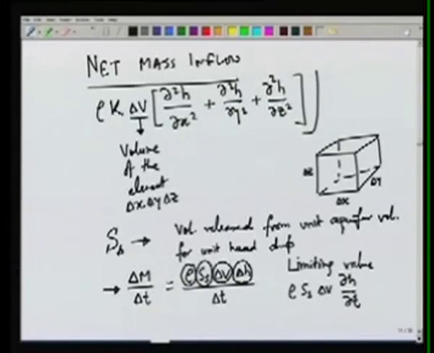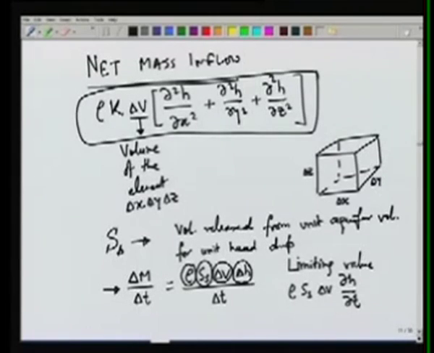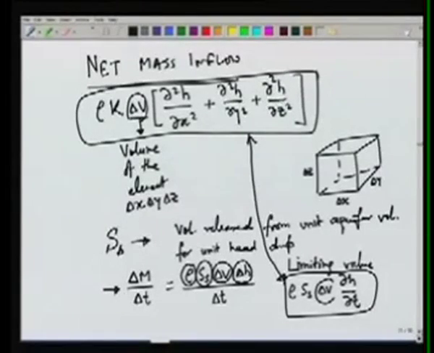So when we equate the net mass inflow, which is given by this expression, with the change of mass within the control volume, these two terms should be equal, and therefore delta V will cancel out, rho will also cancel out. We should note that rho will cancel out because we have assumed that the change of rho is very small, negligible.